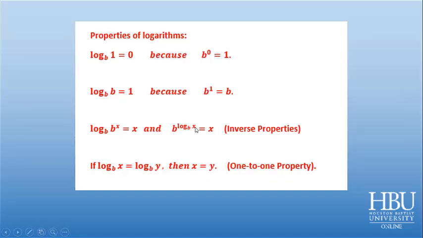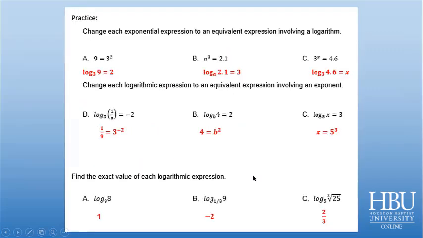Or if you take the logarithm of x first to base b and then raise b to that logarithm, again, you're going to just get x. Inverse properties are at work here. Finally, if the logarithm of x to base b equals the logarithm of y to base b, then x must equal y. That's because of the one-to-one property of logarithmic functions.